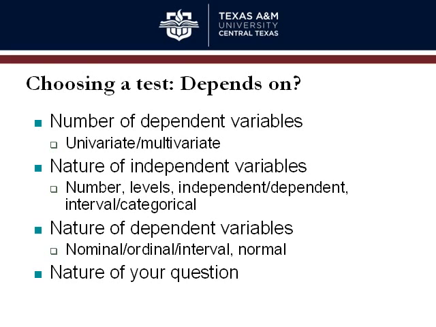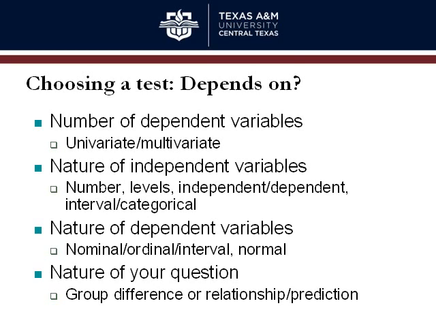And last, probably one of the biggest ones for you guys, is the nature of your question, with the big divide being, are you looking at a group difference, or are you looking at some relationship between variables? If I know this value on this variable, can I predict a value on another variable?